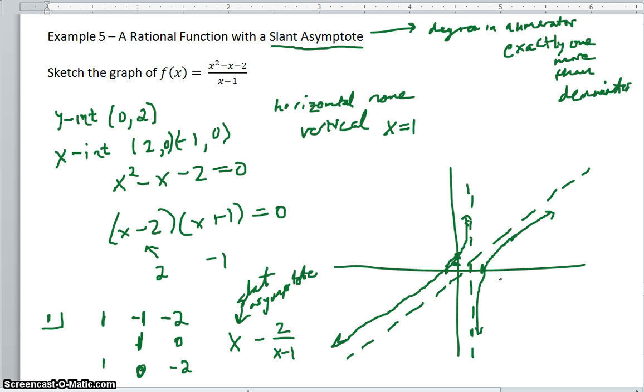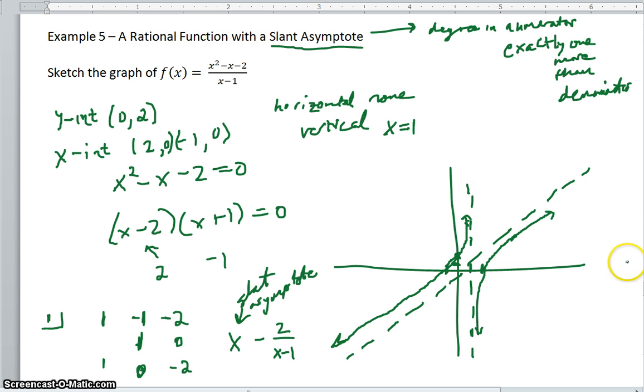A slant asymptote is kind of like a horizontal one. It creates a guideline as x gets larger and smaller. And this only happens if the degree in the numerator is 1 more than the degree in the denominator. And the way you find it is by using division. Okay, and we talked about that from the last chapter.